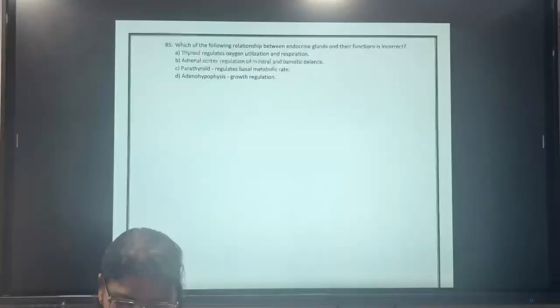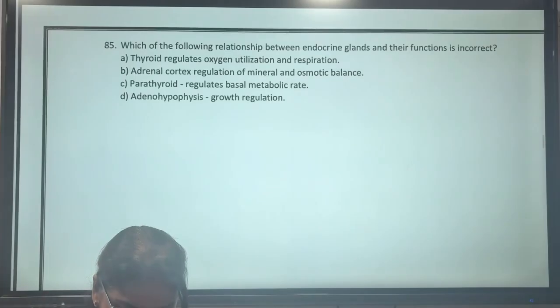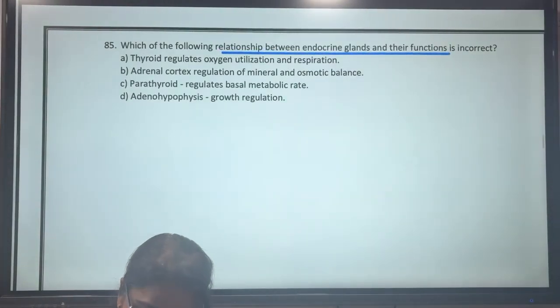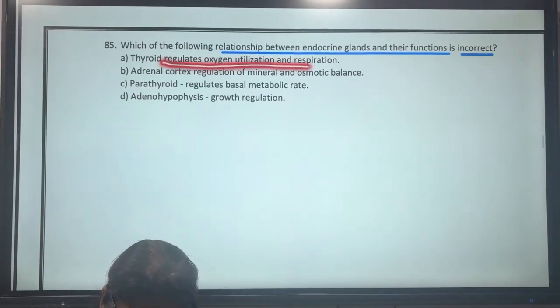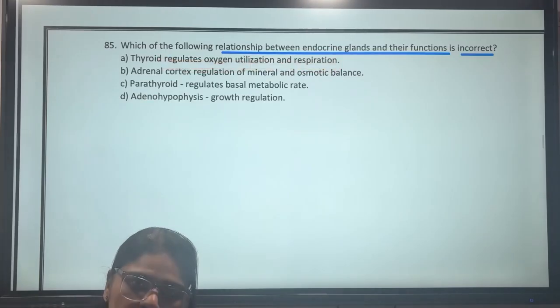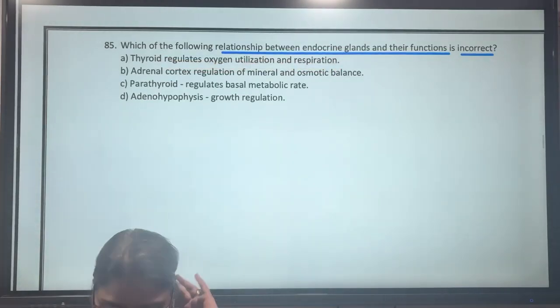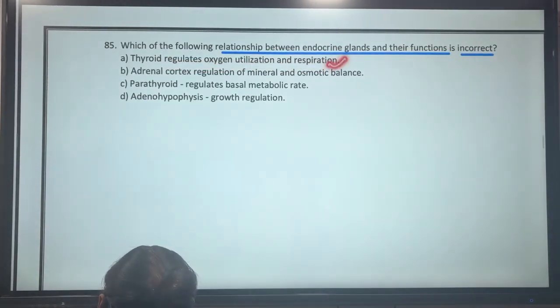Coming to 85th question, children. Which of the following relationships between endocrine glands and their function is incorrect? So you have to look at the wrong match. Thyroid regulates oxygen utilization and respiration. We just spoke about this. It controls the glucose plus oxygen reaction. So this is a correct match. Adrenal cortex regulates mineral and osmotic balance.